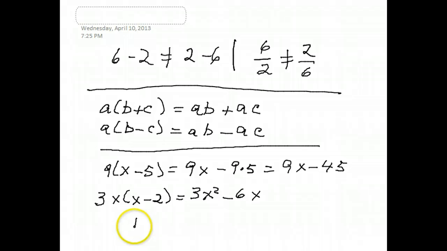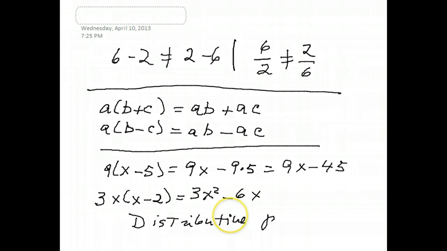Okay? So this is called the distributive property. Officially, we call it the distributive property of multiplication over addition or over subtraction.